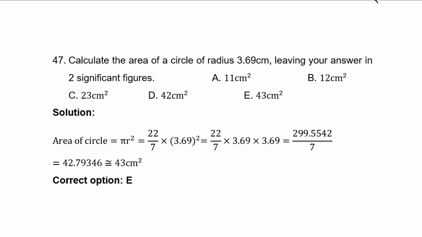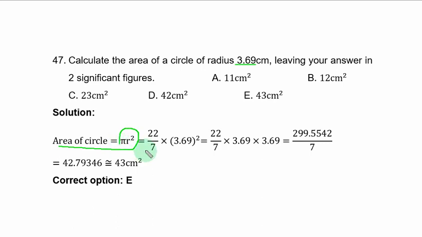Question 47. Calculate the area of a circle of radius 3.96 cm, leaving your answer in 2SF. The area of a circle is equal to pi r squared.